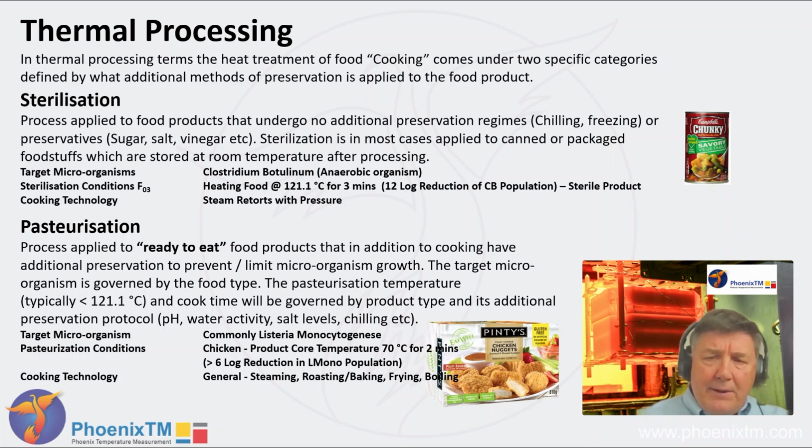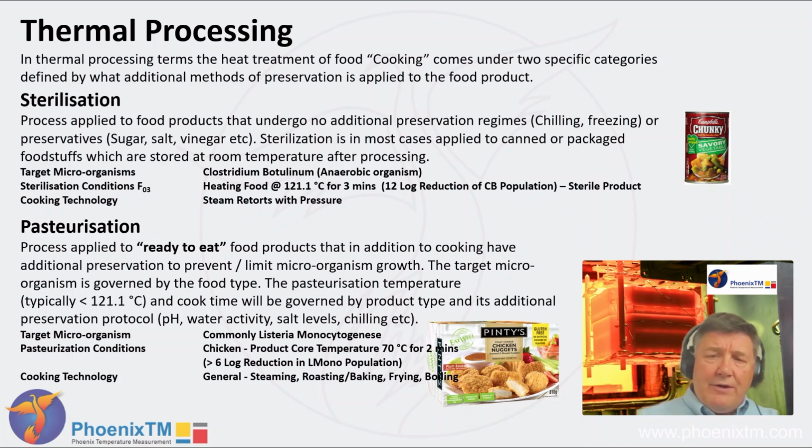If we take a typical example, though, of a standard poultry type cook process, the common microorganism that's used to study the cooking or the safety of the product would be Listeria monocytogenes, abbreviated to L mono if used later in the video. Under these circumstances, generally the pasteurization target conditions would be cooking to a core temperature of 70 degrees and maintaining that core temperature for a minimum of 2 minutes.